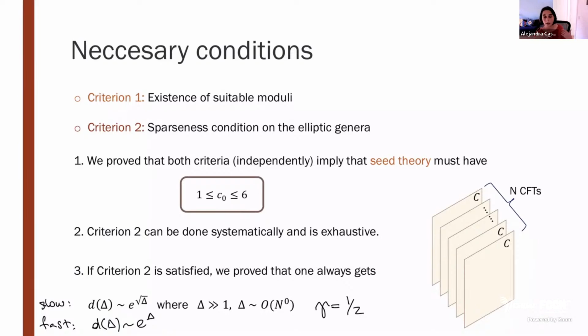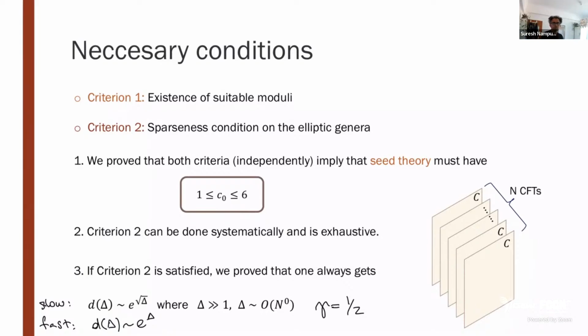These are all states that can be very large, but scale like N to the 0. They're the polar states, if you want. It's the polar part of the weak Jacobi form, and I'm taking the limit when the polar states have very, very large discriminant in some appropriate units.